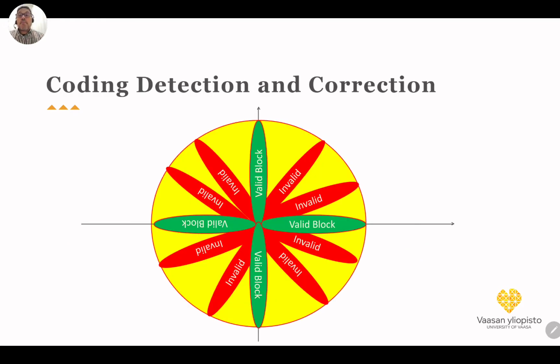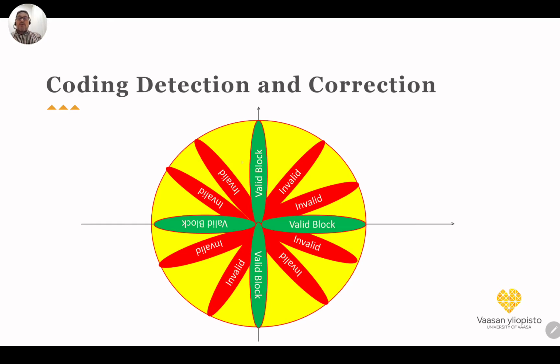Actually, we mentioned in the previous clip how it works, but now with this figure we can explain it a little bit more. As we mentioned, when we add parity bits to the code, the space of that code becomes larger, but only a few words are valid and the others are invalid.